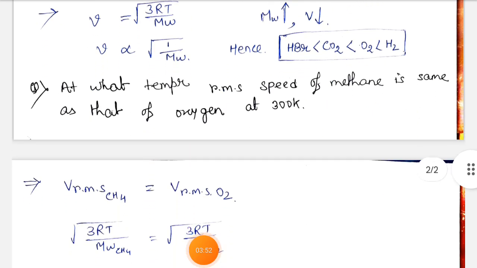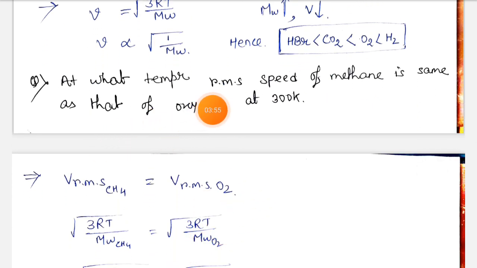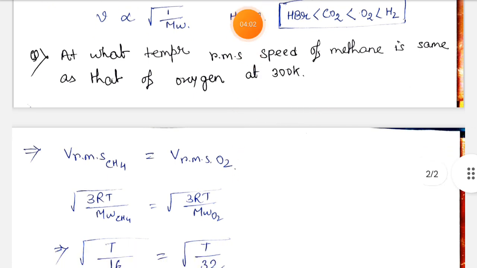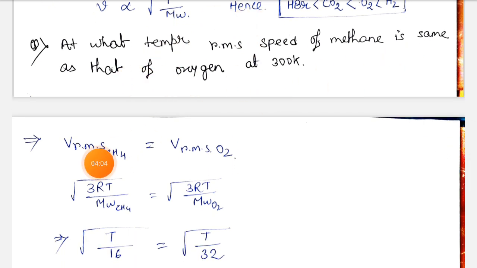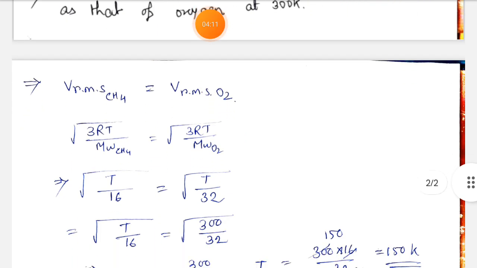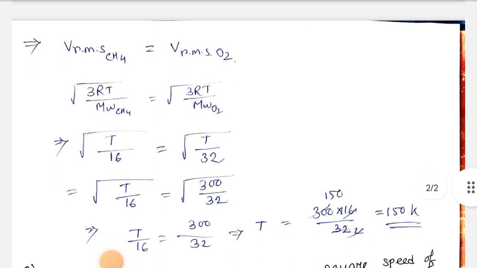Next question: at what temperature is the RMS speed of methane the same as that of oxygen at 300 Kelvin? Here V RMS of CH4 is equal to V RMS of O2. The formula of V RMS is root over 3RT by MW, so root over 3RT by MW of CH4 is equal to root over 3RT by MW of O2.